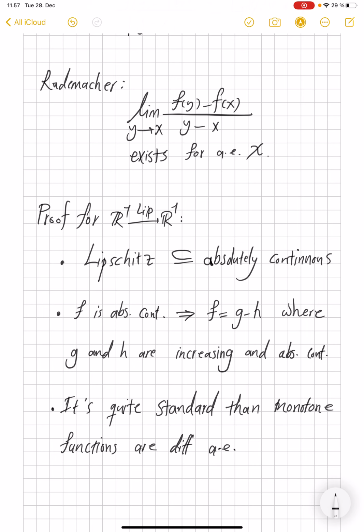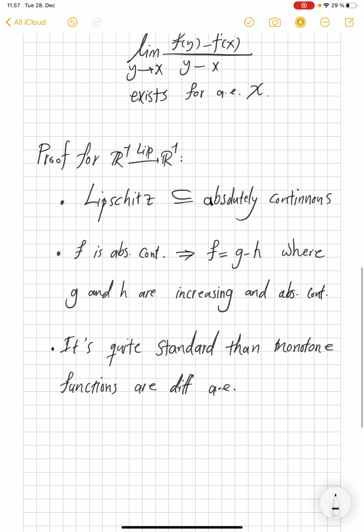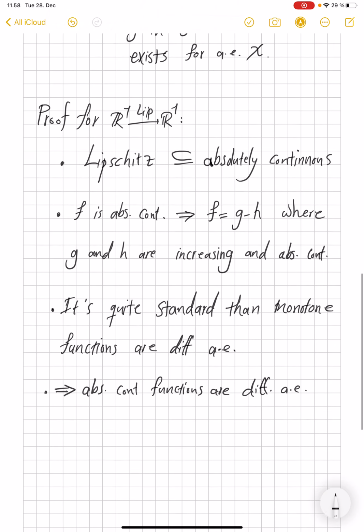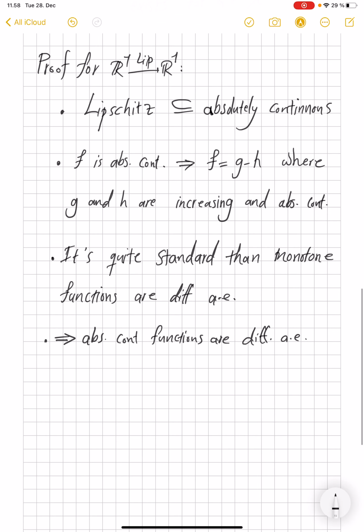So this then gives us the almost everywhere differentiability of the function f. You remove two null sets, one for g, one for h, and then f is differentiable everywhere else. So the conclusion is that absolutely continuous functions are differentiable almost everywhere. So Lipschitz functions, being absolutely continuous, are differentiable almost everywhere.